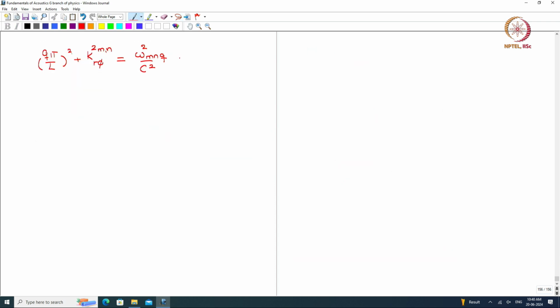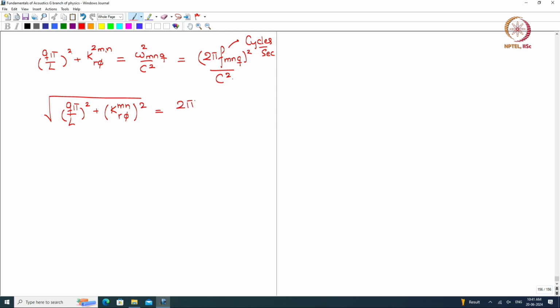So this omega mnq I now write as twice pi f mnq, f now in cycles per second or hertz, all squared by c squared, or square root of q pi by L whole squared plus k squared mn r phi, or let me write it as k mn r phi squared is equal to twice pi f mnq by c.